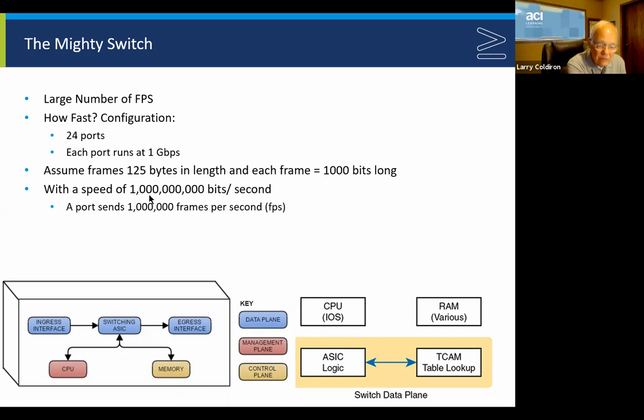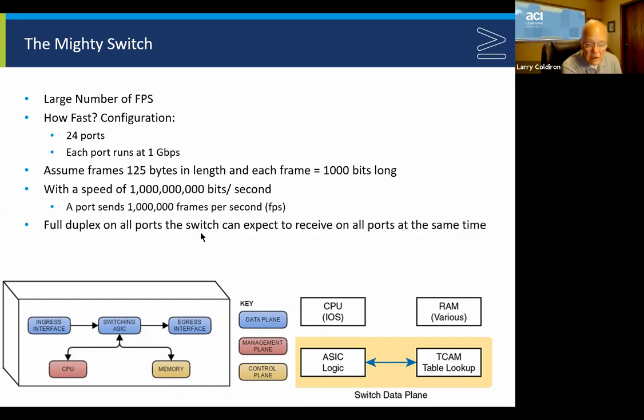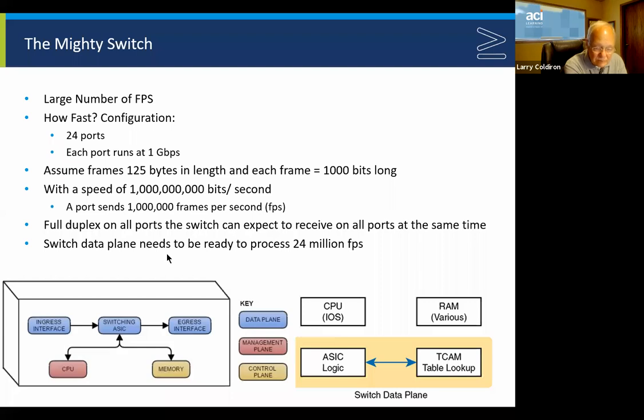At gigabits per second, a port sends 1,000,000 frames per second. With full duplex on all the ports, we receive and send on all ports simultaneously, so each direction is 1,000,000 frames per second.